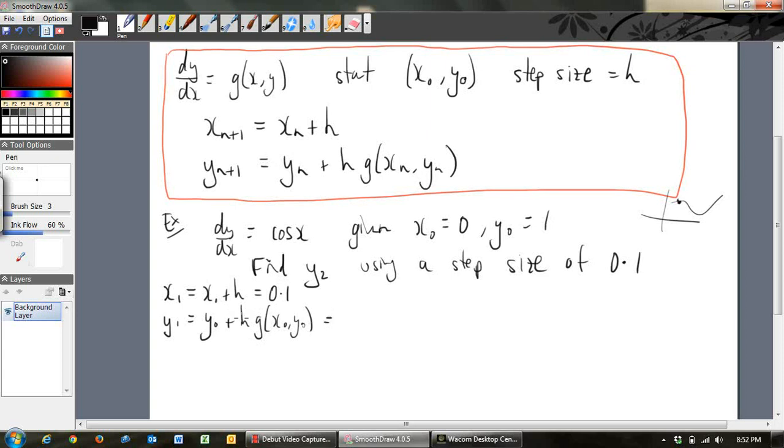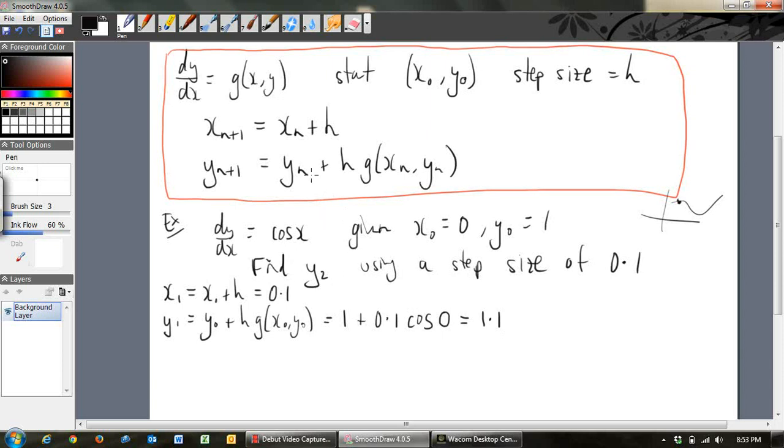The y is the hardest one to find out, of course. y1 is equal to 1 plus h, 0.1, and all we're doing is putting x0 and y0 into this formula here. So it's going to be cos of x0, which is 0, and we just need to evaluate this. Cos at 0 is equal to 1, and so that's equal to 1.1.